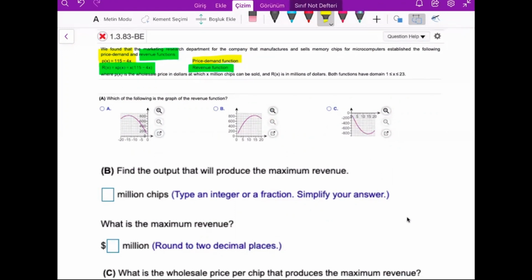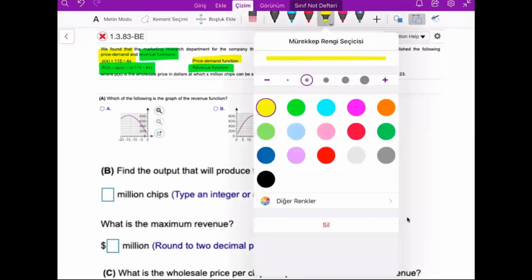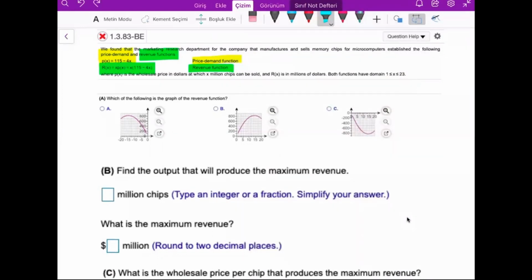Both functions have domain between 1 and 23. This is our domain.